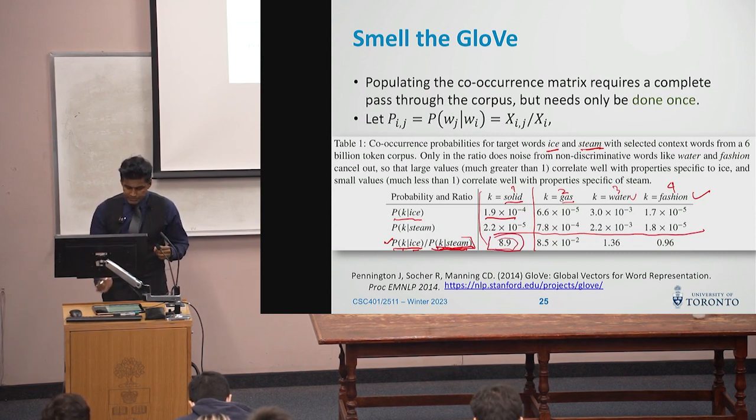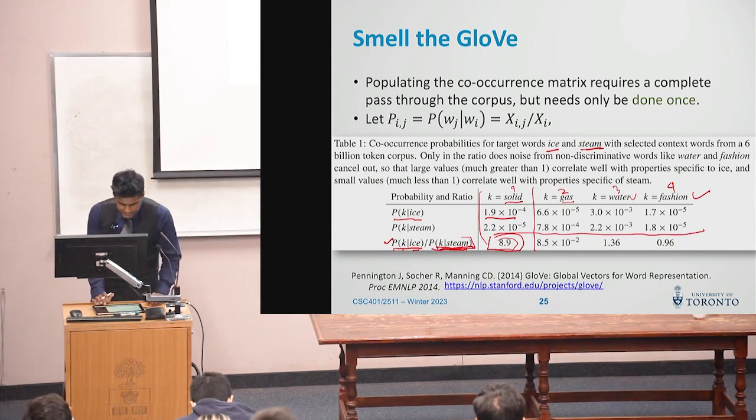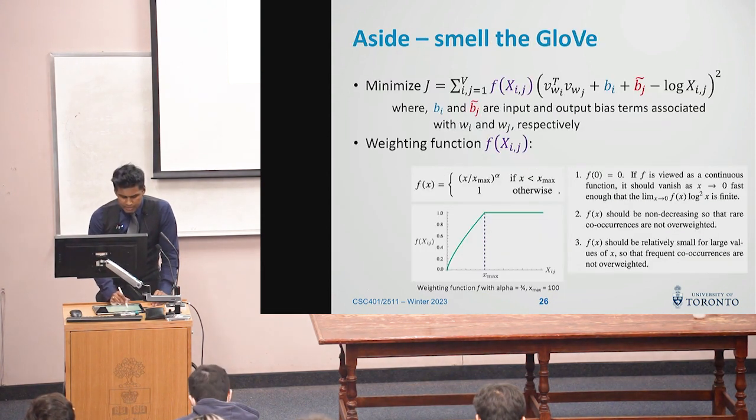This slide is actually an aside. This won't be tested. It basically shows the objective function for training the GloVe model. The main idea is that you have a damping function or a weighting function f, and xij is your co-occurrence matrix.